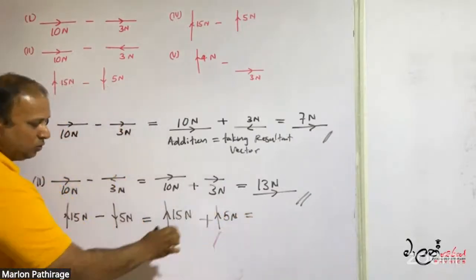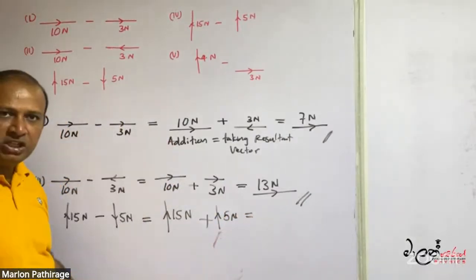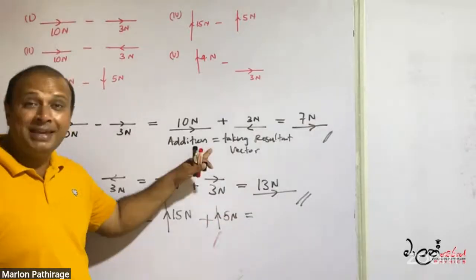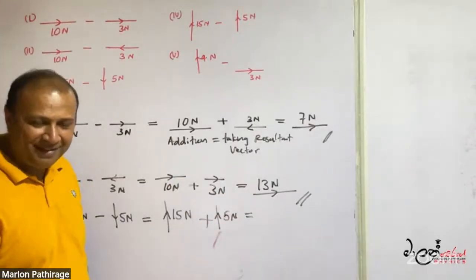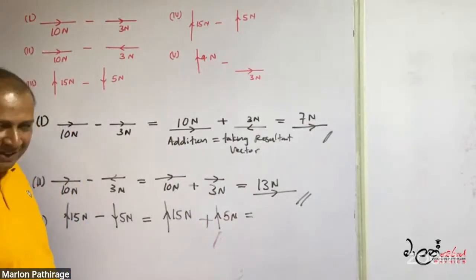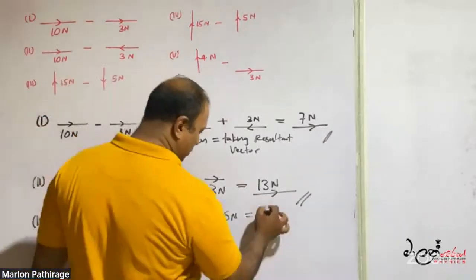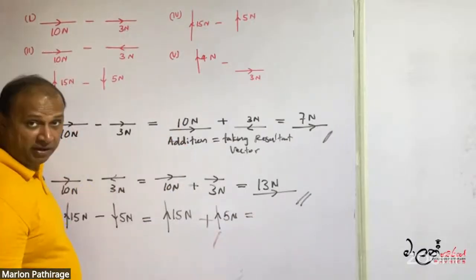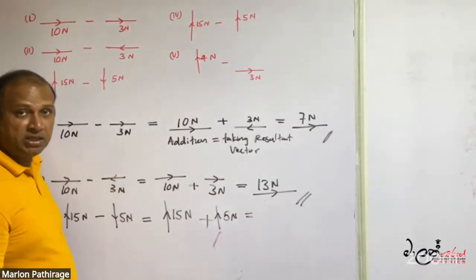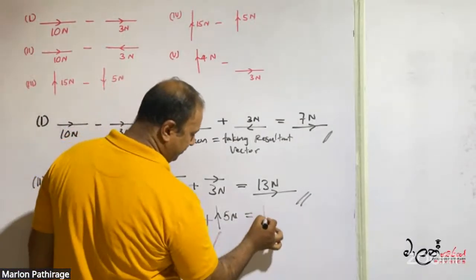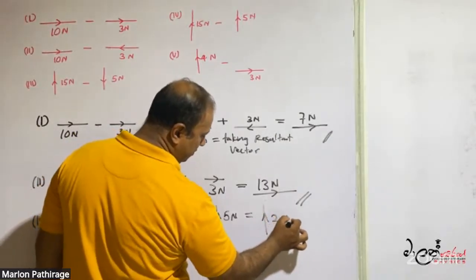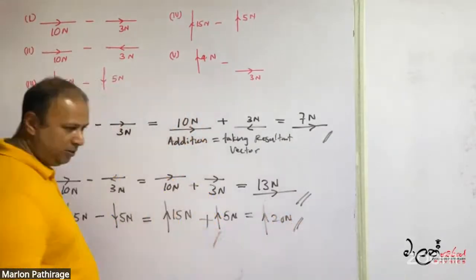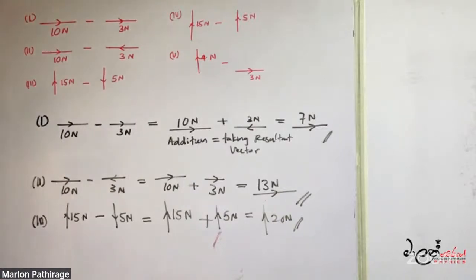Now there are two vectors into the same direction, and you have to take the resultant. That means 15 Newton in the upward direction, 5 Newton into the upward direction. That means 20 Newton in the upward direction. Then, fourth one.